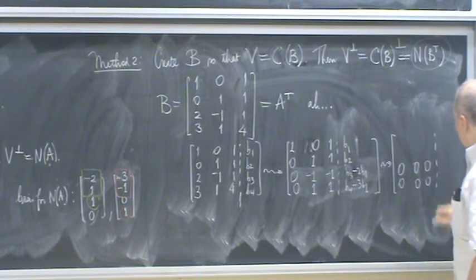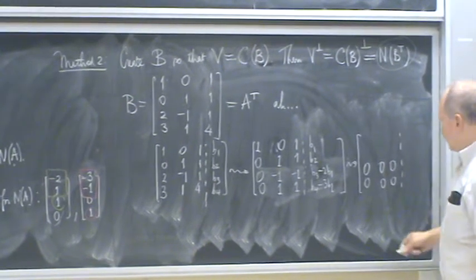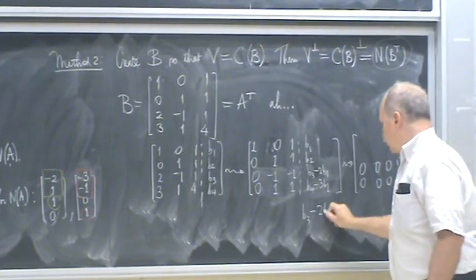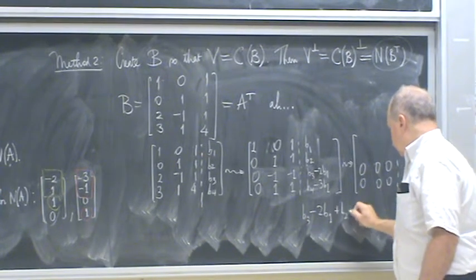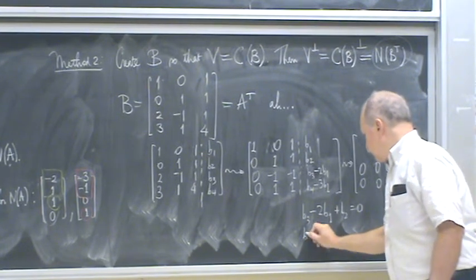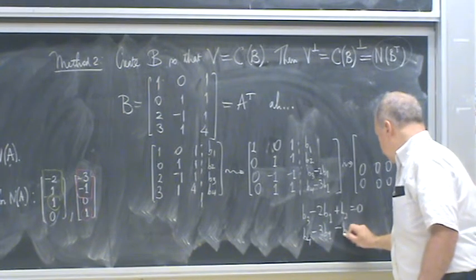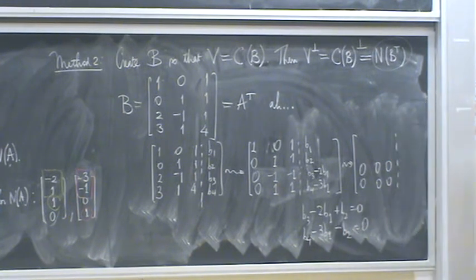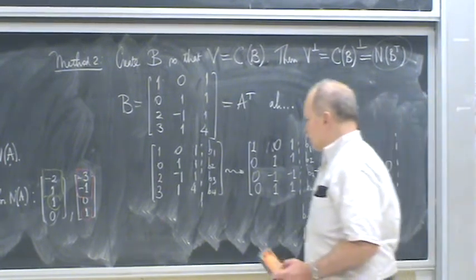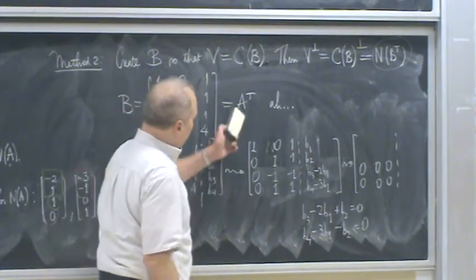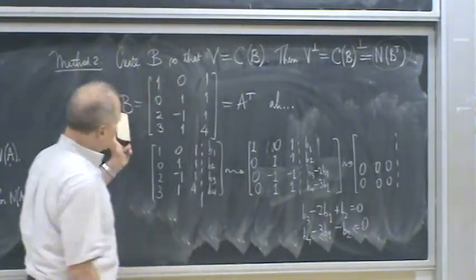And what are the constraint equations? B3 minus 2B1 plus B2. B4 minus 3B1 minus B2. So what vectors do we get? We found constraint equations for this system of equations to be consistent.